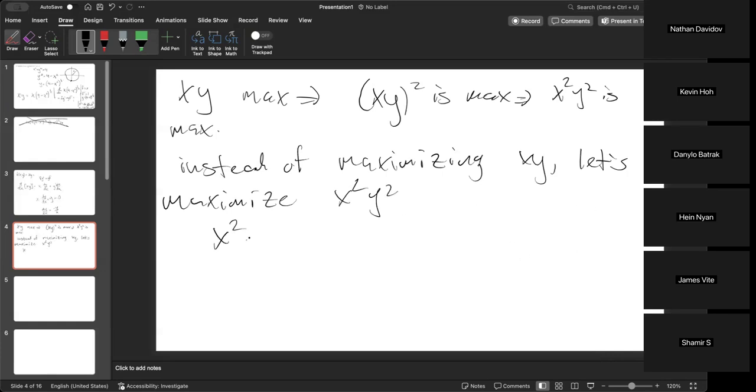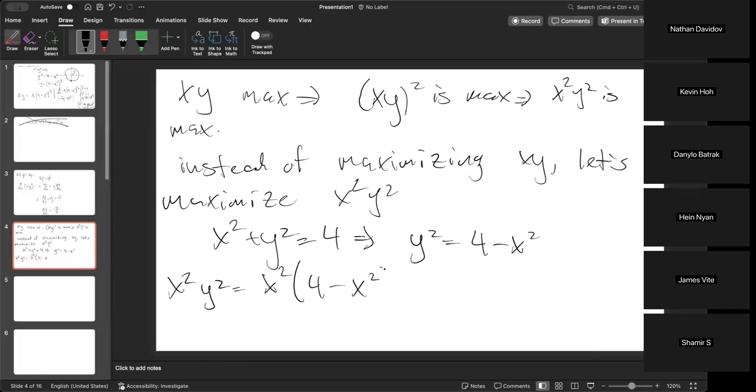Well, I know x squared plus y squared equals 4. So that means that y squared equals 4 minus x squared. And so x squared times y squared is equal to x squared times 4 minus x squared. And this is a lot more friendly, which is 4x squared minus x to the fourth.